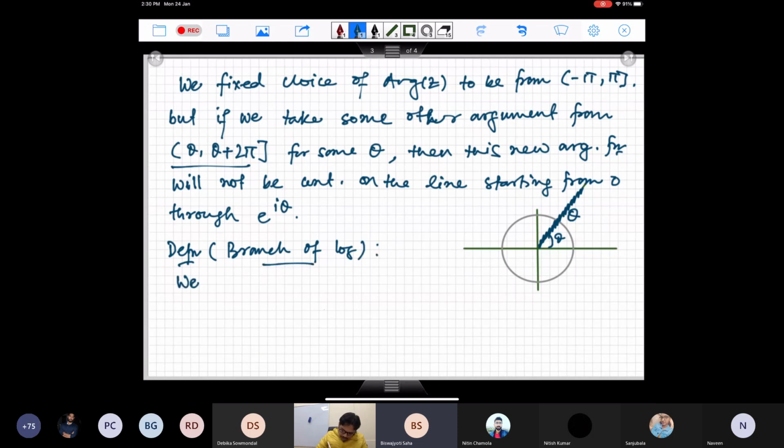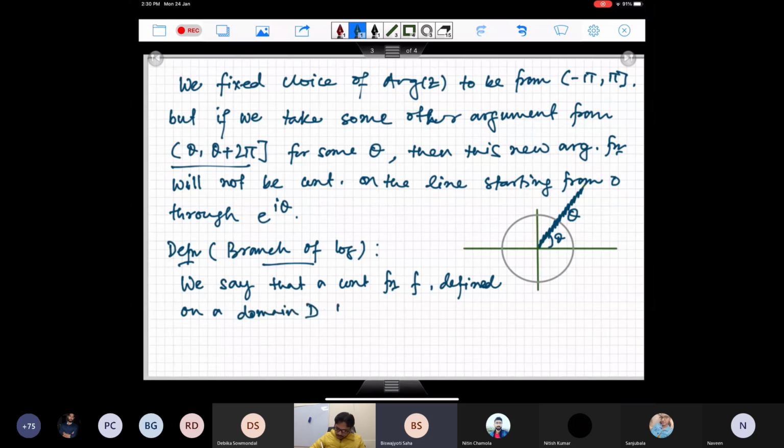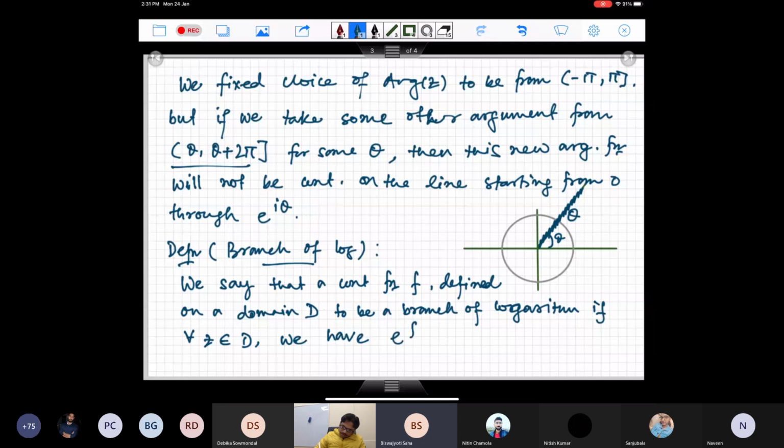We say that a continuous function f defined on a domain D is a branch of logarithm if for all z in D, e power f of z is equal to z.